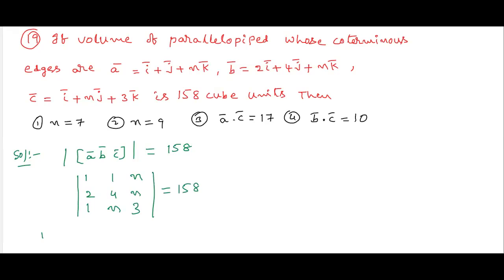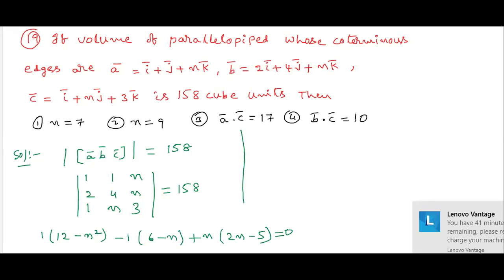Now expand this: 1 into 12 minus n square, minus 1 into 6 minus n, plus n into 2n minus 5. That is equal to 0. Now calculate this. What do we get? I have written a mistake here. This is not plus, it is minus. So here we get minus.